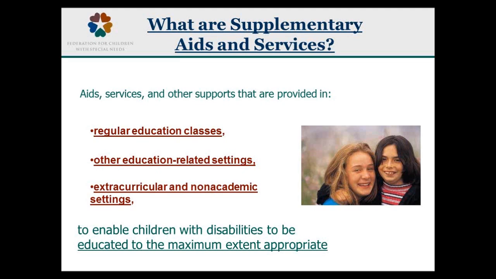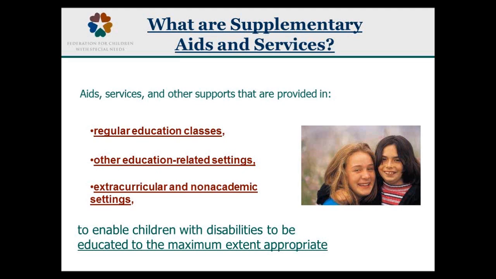Okay? So this slide is in here just to help introduce to you where supplementary aids and services come into play. Okay, excuse me. They do appear on PLEP A and PLEP B quite often, not always. You know, we have the one-on-one support.